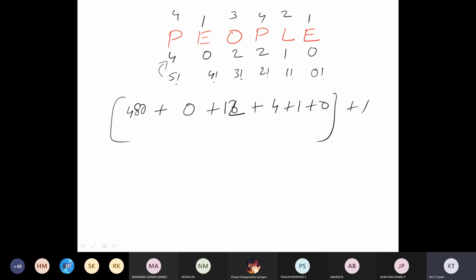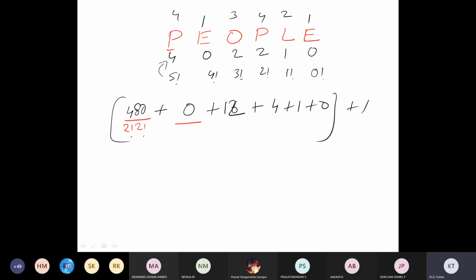See the first letter P. Including that first letter, towards the right side, how many letters are repeating? There are two P's repeating, for that 2 factorial, and 2 E's repeating, for that 2 factorial. I repeat, including the first letter, count how many repetitions of letters towards the right side only.